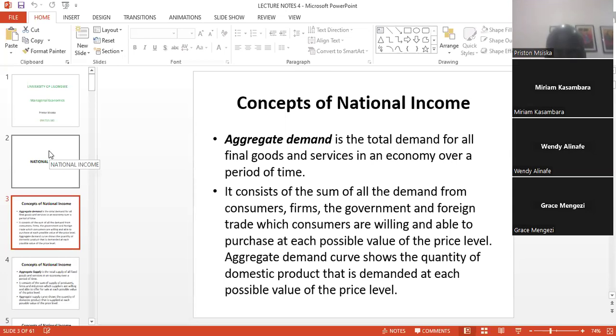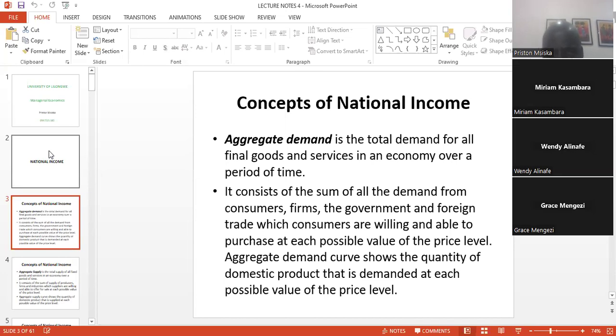If we go on this on the notes, you can see what aggregate demand is all about. It's the total demand for all final goods and services in an economy. So it's the sum of all the things that are being demanded by you and me, by companies, by government, by people who come and buy our things.